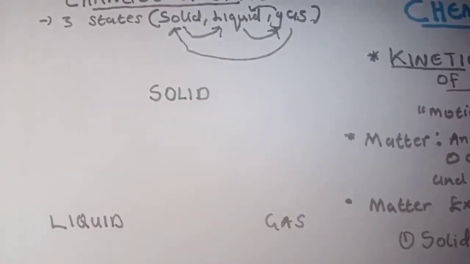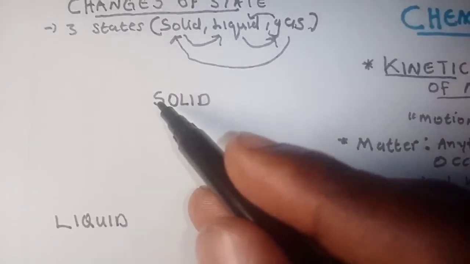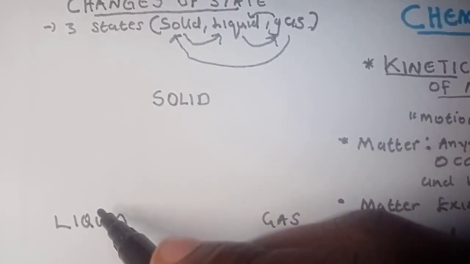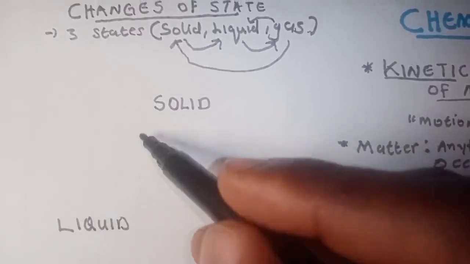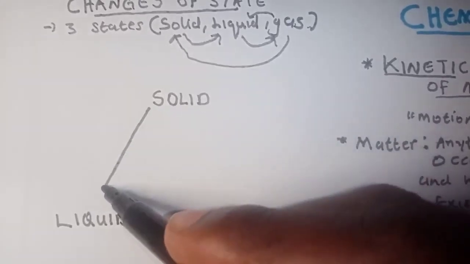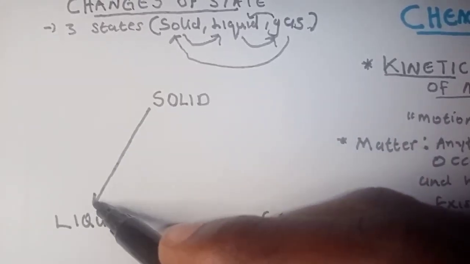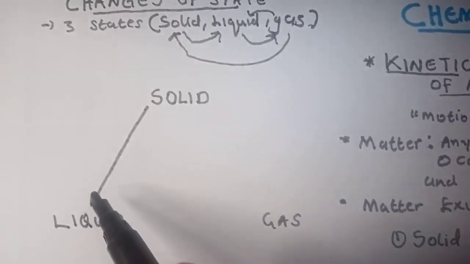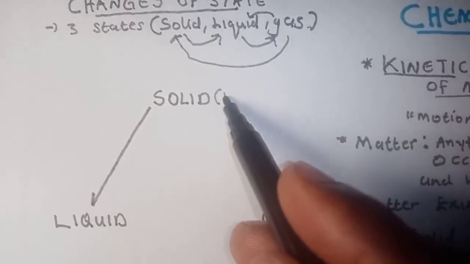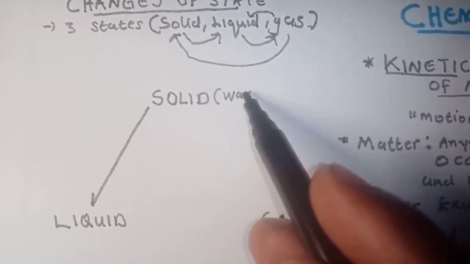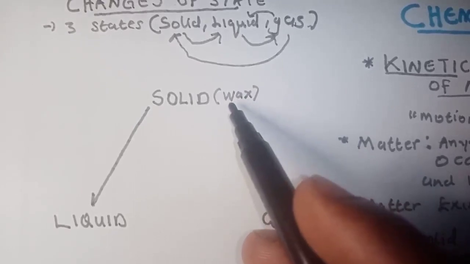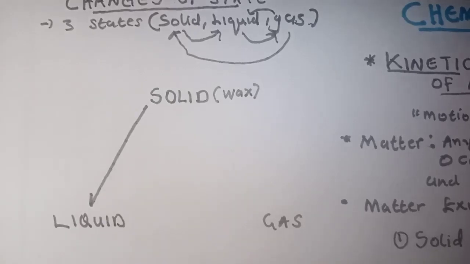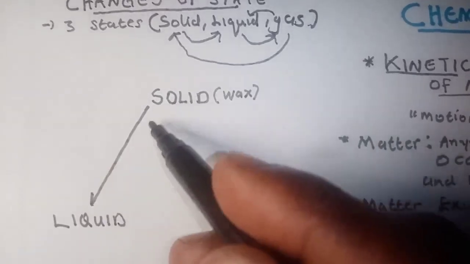When a solid changes to liquid, you're melting it. For example, if it is wax, when you heat this wax, it will melt into liquid.